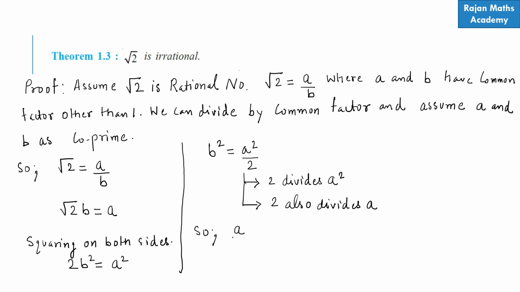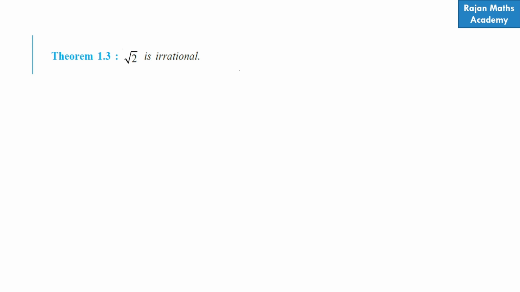So we can write a by 2, because 2 divides a, as another integer c. So a is equal to 2c. This is equation 1, this is equation 2. Next, continuation: put 2 in 1.